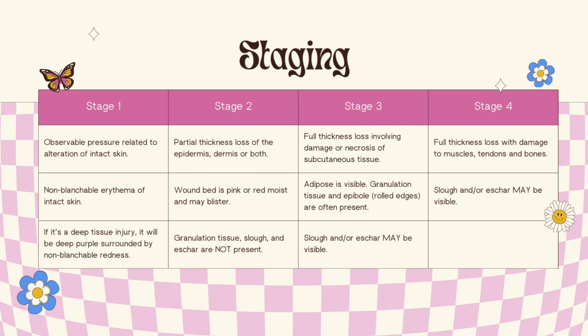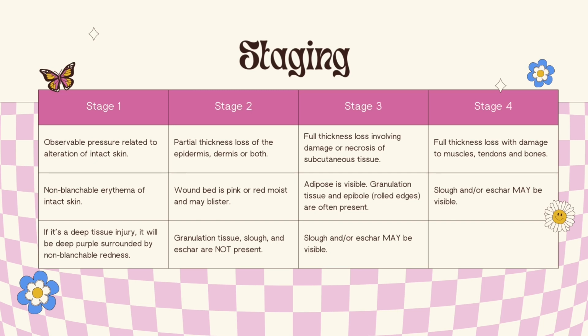In the last box at the bottom of stage 1, I've included information about deep tissue injury, and how I organize this is stage 1 is when the skin is still intact. With a deep tissue injury, the skin is still intact, but it's a really deep injury, so you're going to see a deep purple surrounded by non-blanchable redness.